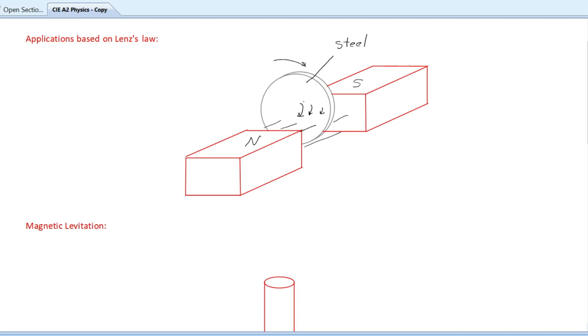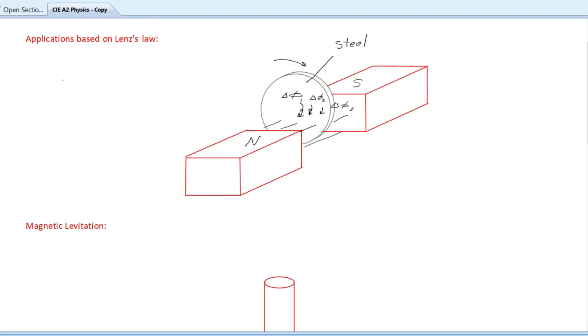So different parts of this disk are moving with different speeds and have different rates of flux linkage. So here you have delta phi 1, here you have delta phi 2, here you have delta phi 3. So there will be a difference between parts having different EMFs, which means there is a potential difference between parts inside this disk, which leads to currents.